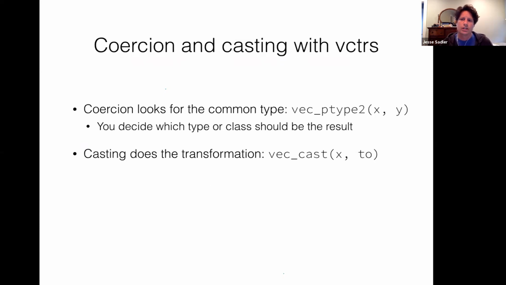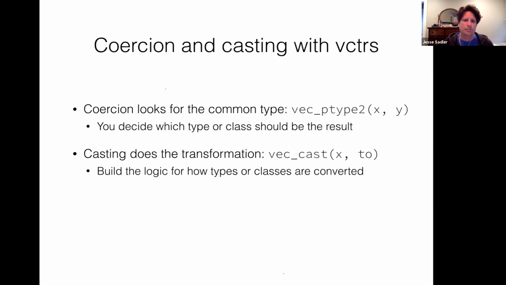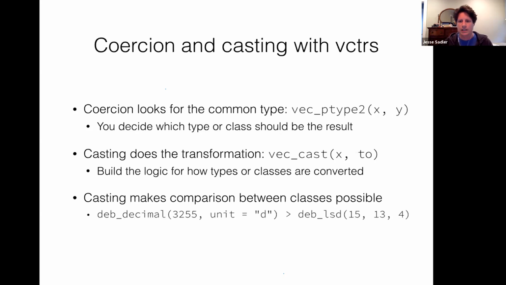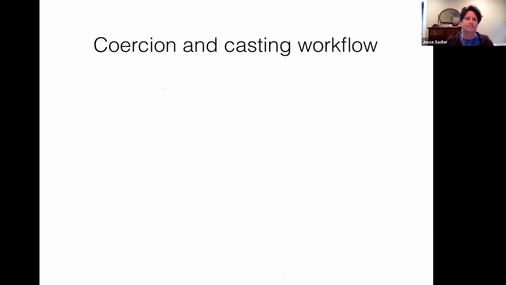So coercion is about design more, casting is about the actual functionality, the programmatic logic. So you build the logic of how your classes are to be converted. And then casting makes comparison between classes possible. So once you can cast, then you can compare something. So you could compare something like a deb_decimal and a deb_lsd class.